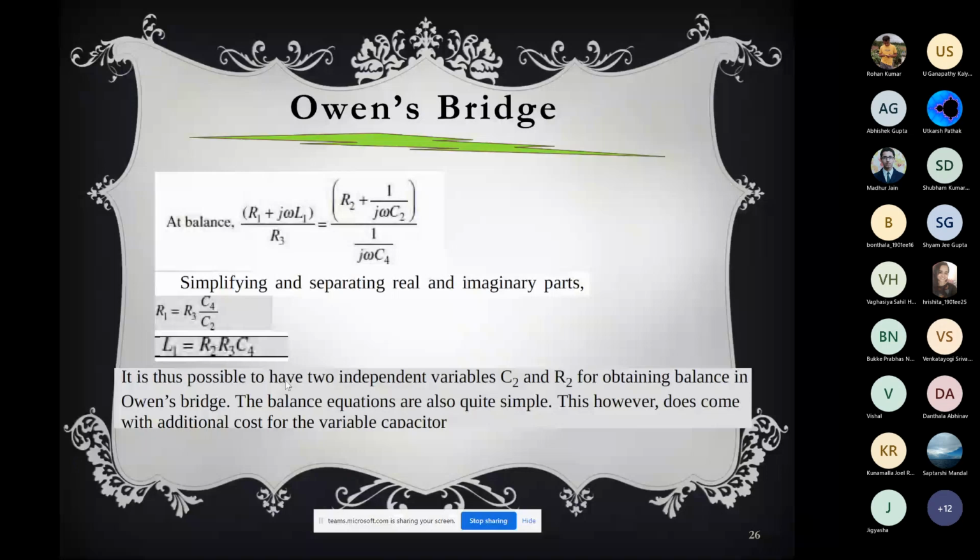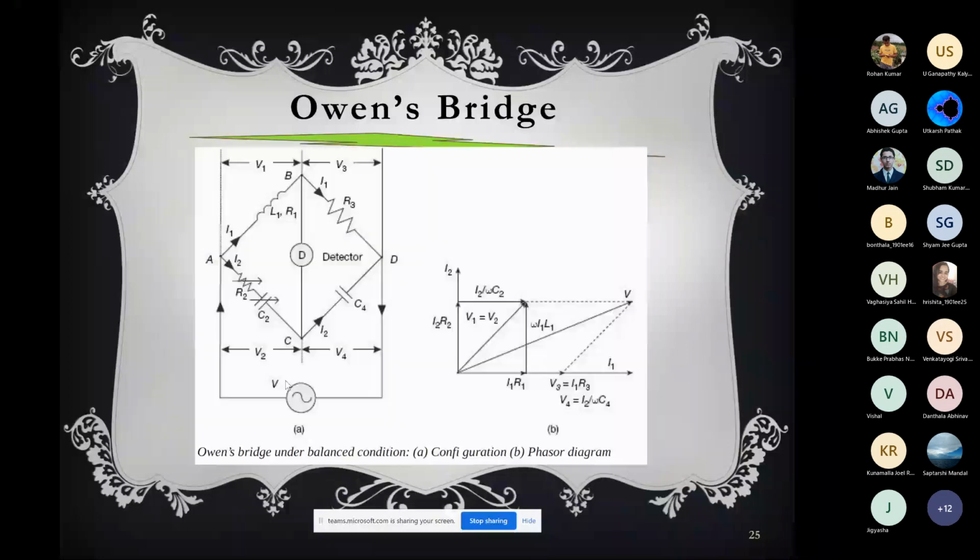So here again R1 can be calculated if you know R3, C4 and C2, and L1 could also be calculated. But here C2 is a variable capacitance, so you need to know the value of the variable capacitance once the balance condition is achieved. So it is possible, with two independent capacitances C2 and C4 and R2, to obtain a balance condition of the bridge.